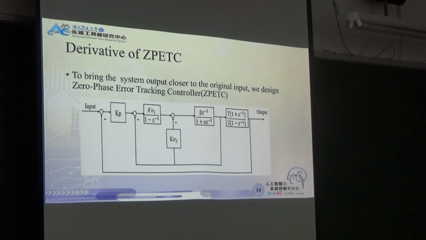Therefore, it is necessary to convert the representation of the continuous system into a discrete system to reduce the design complexity. Based on the aforementioned result, it is necessary to first convert the transfer function into the Z domain, as illustrated in the diagram.